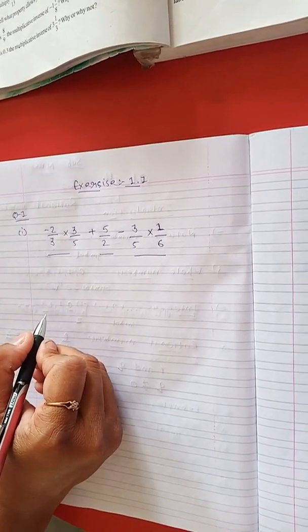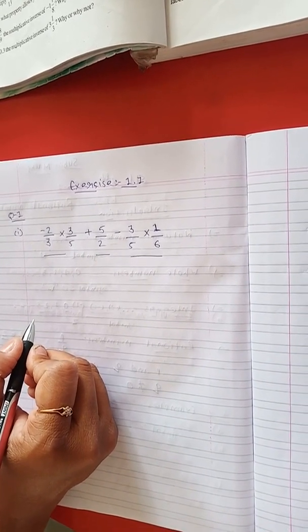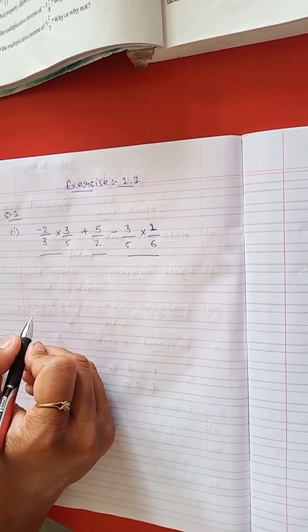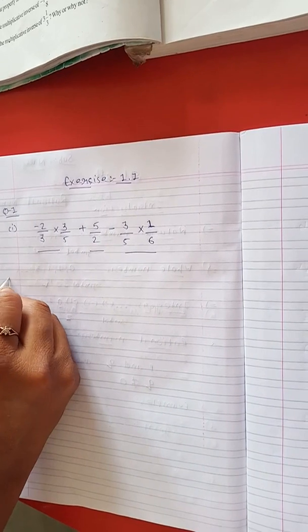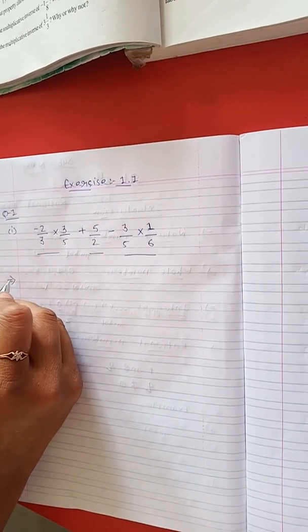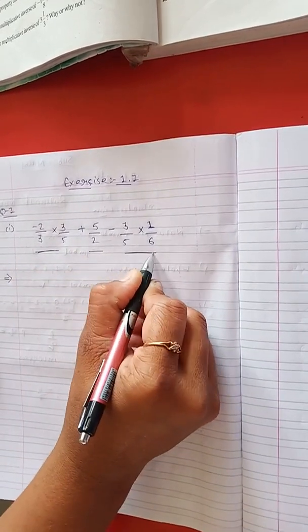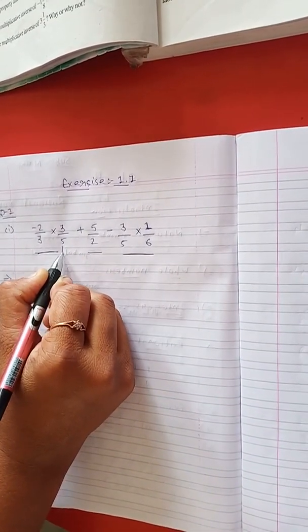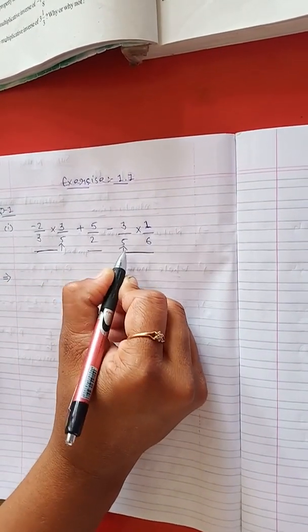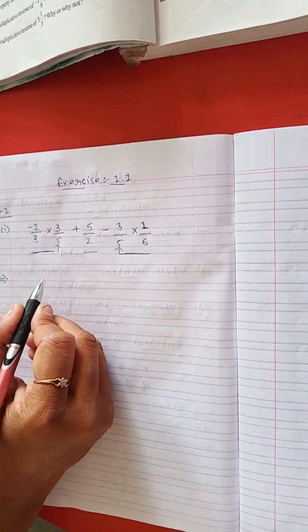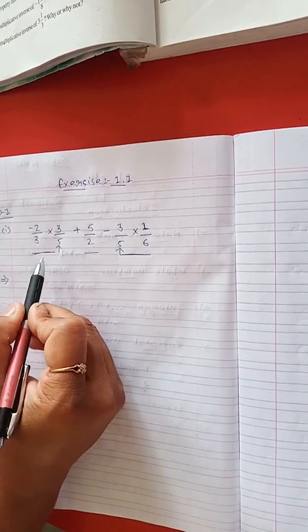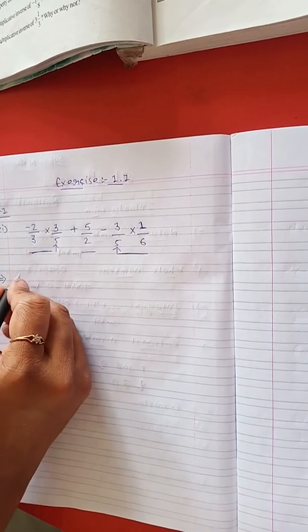We already know that we differentiate the terms using the plus and minus signs. Now which property do we use first? We check this term and this term, where one common number is given, 3 upon 5, 3 upon 5. So first we have to group both these numbers.